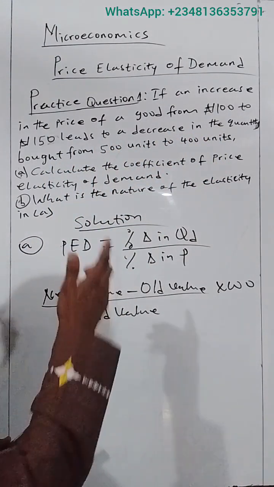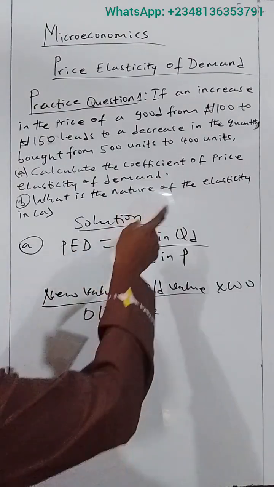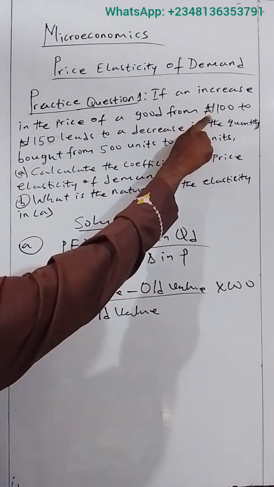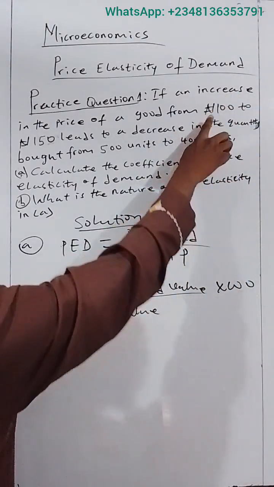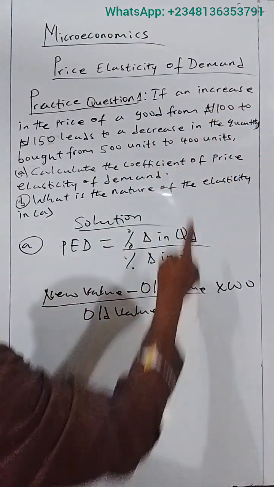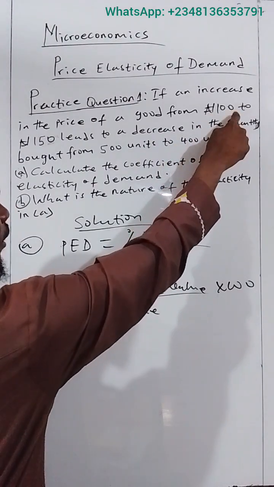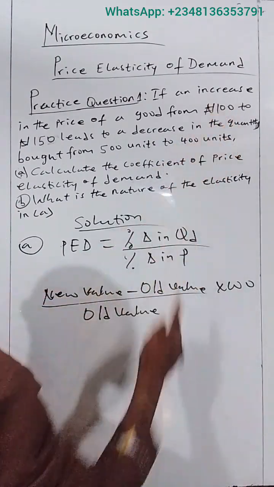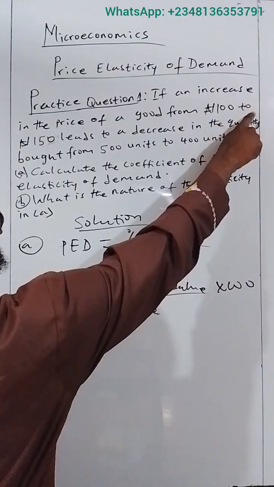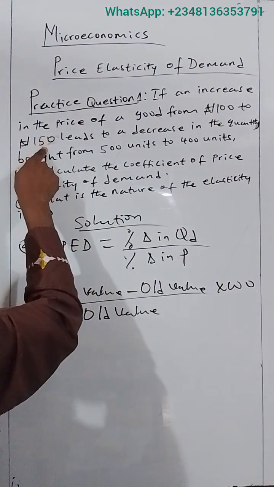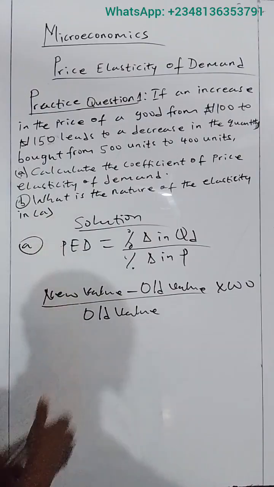The old value of P is where the price is moving from. Before the change, the initial price is 100 naira. That is the old value. Then it increases to 150 naira, which represents the new value.